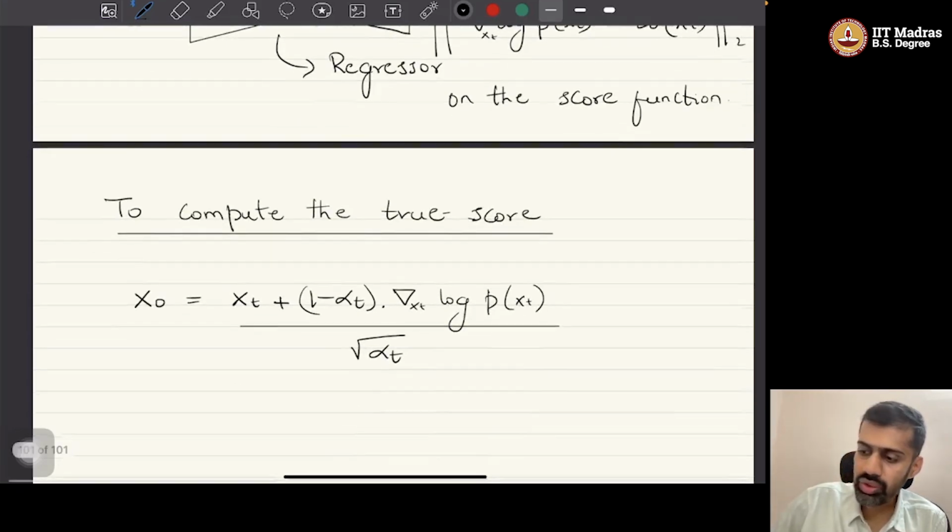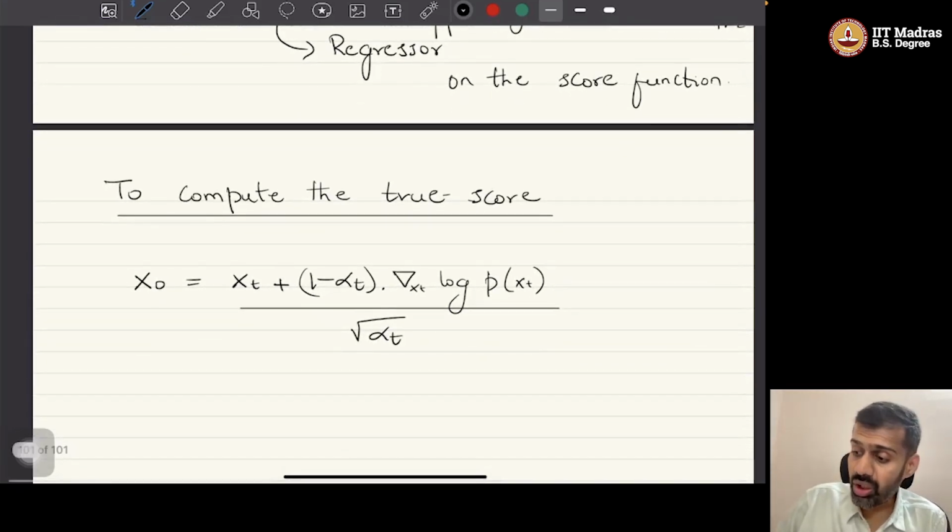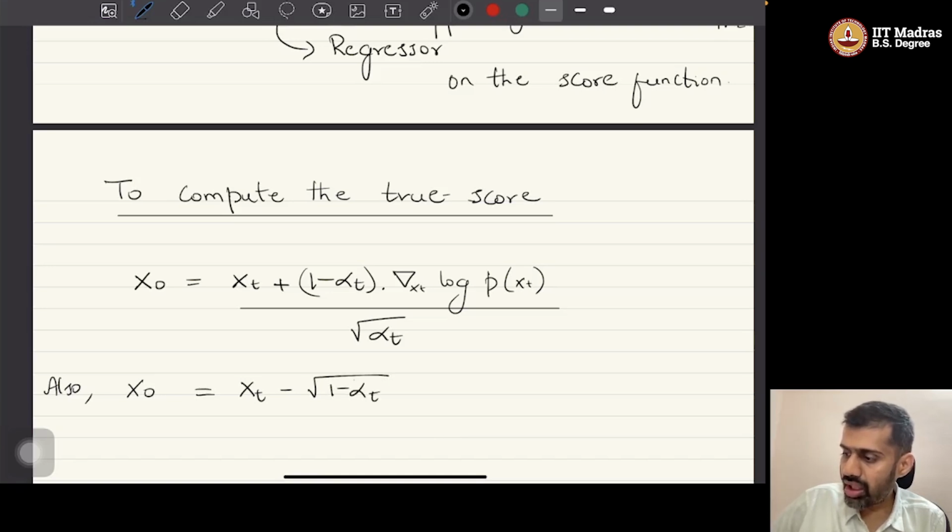This is what we saw using Tweedie's formula. But we also know that x naught is also equal to xt minus root of 1 minus alpha t bar times epsilon t divided by root of alpha t bar, right? So this is by definition, right? This is by definition.